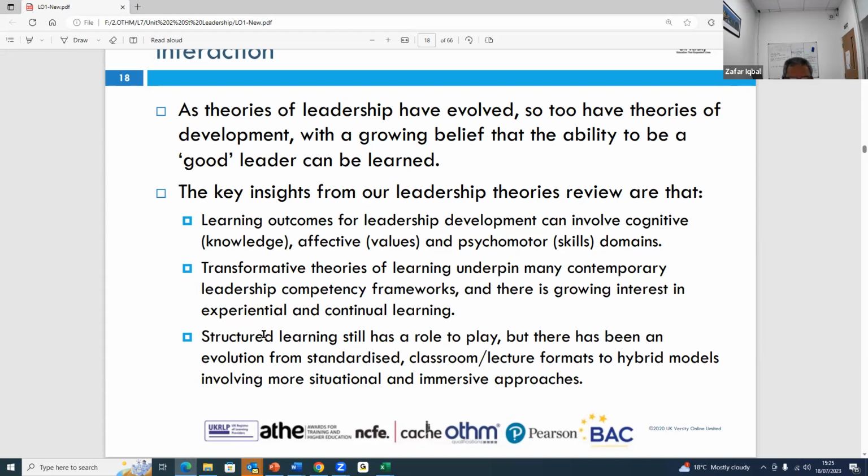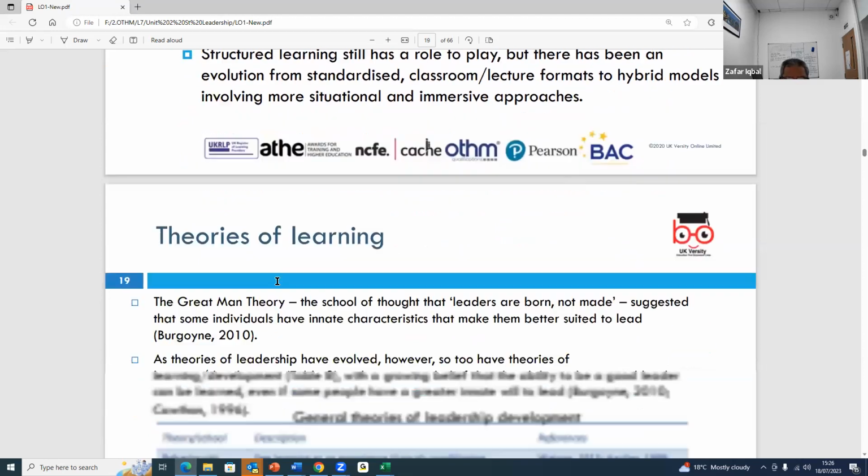Then there is structured learning. Then there are learning outcomes for leadership development, which involve different types of knowledge, affective and psychomotor development of skills, and so on. So we need to look at the different leadership theories.